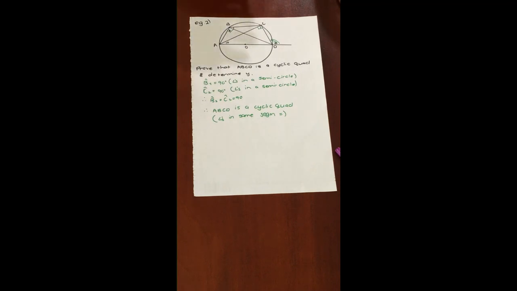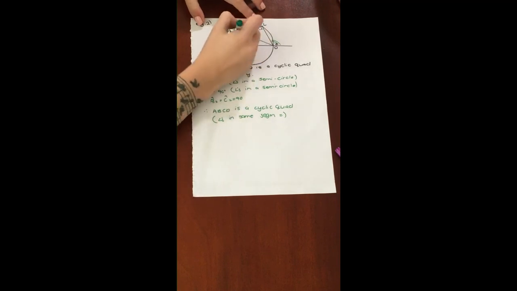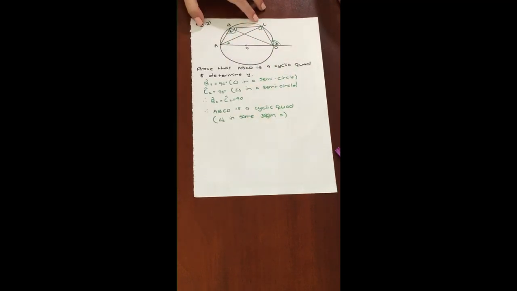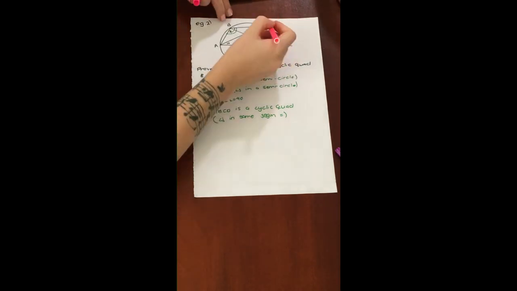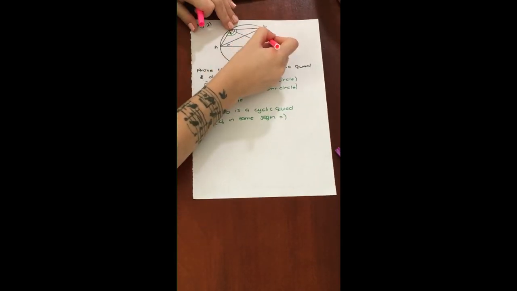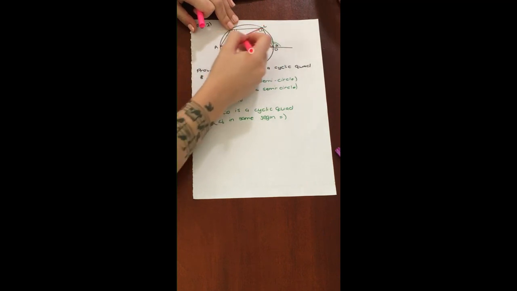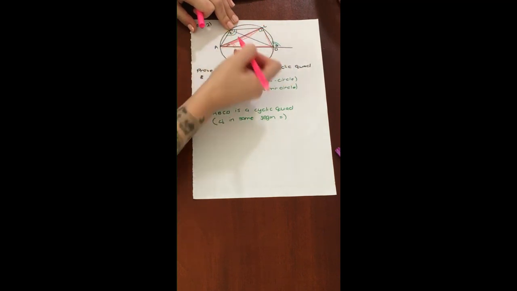Okay, so now that you know angle B2, we know angle B2 is 90. This is an exterior angle. We know that it's equal to the interior opposite. If we could maybe find out this whole angle, we could say Y is equal to angle B. We know this piece 2. Is there any way to find out piece number 1? Well, if you look at CD, you can see it subtends angle 10.